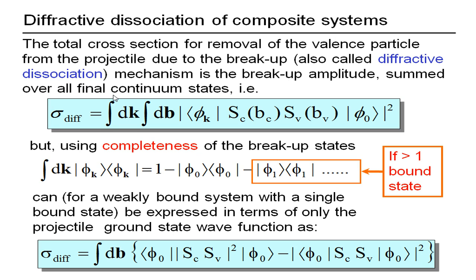And so there's a completeness relation that allows me to relate this integral over all scattering states to 1 minus certain integrals over bound states, the bound states of the Hamiltonian. Okay? If you haven't met that before, then don't worry about it. But it means that this calculation for the elastic breakup piece can be recast in terms of a different expression involving only bound states without the need to do this integral over all states in the continuum.